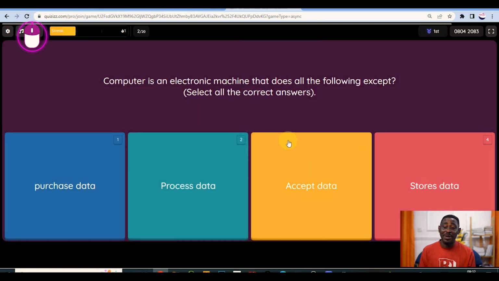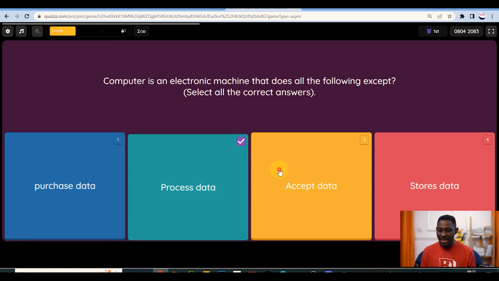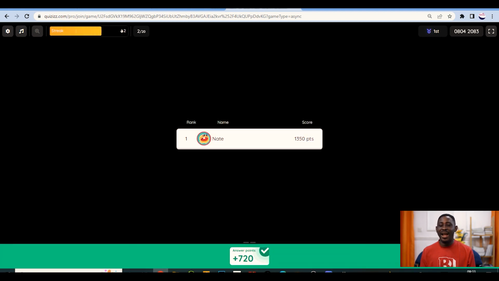A computer is an electronic machine that does all the following except, select only the correct answer. So a computer can do all the following except: purchase data, no; process data, yes; accept data, yes; store data, yes. Submit. Correct.